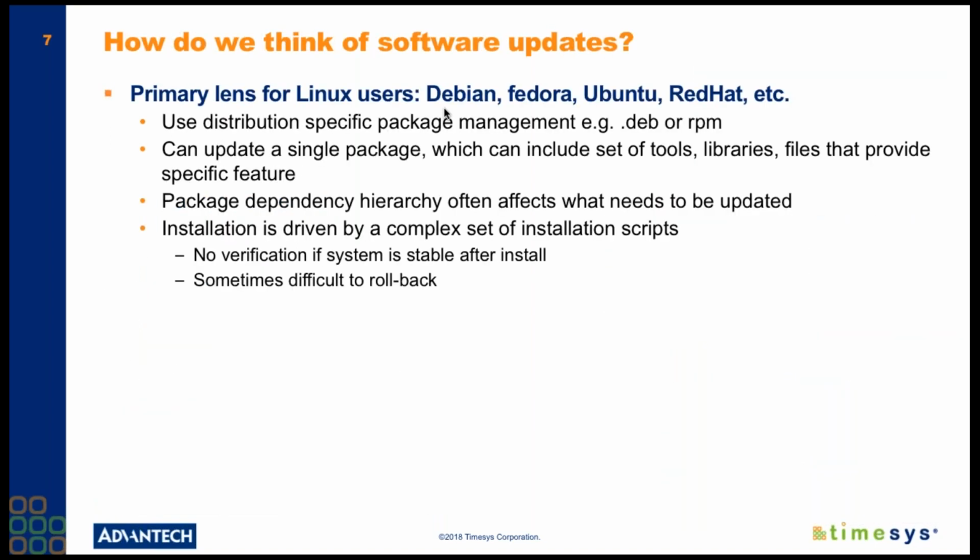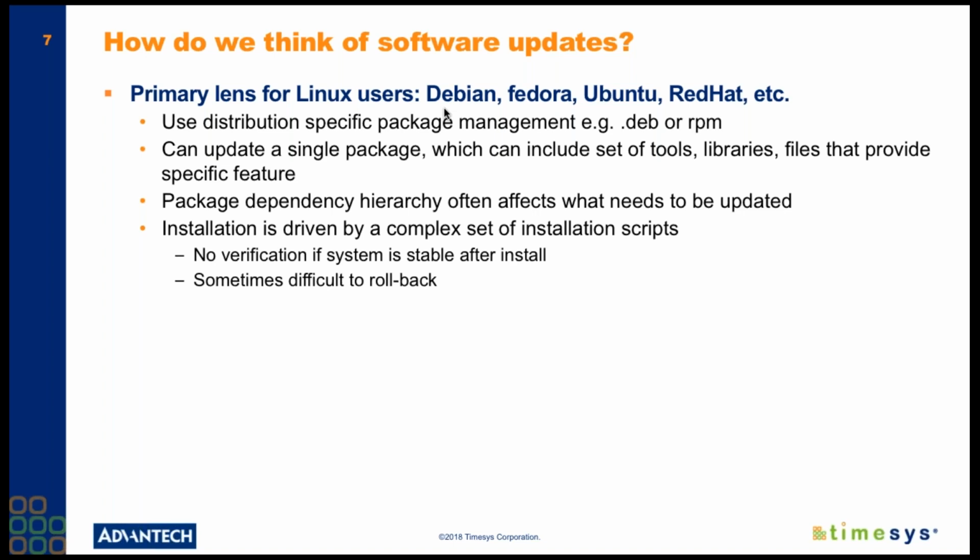When we think about software updates, what comes to mind? If you're a Debian, Fedora, Ubuntu user, immediately the package approach to updates pops up, right? If you want to update or upgrade a functionality in your Ubuntu, you use apt-get and you update that particular functionality.